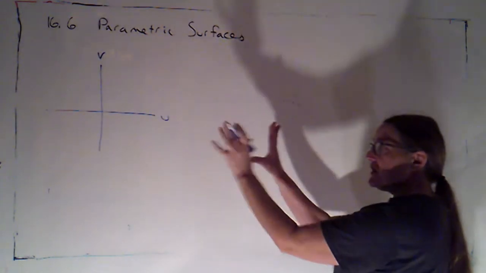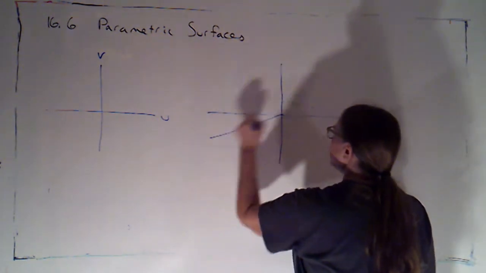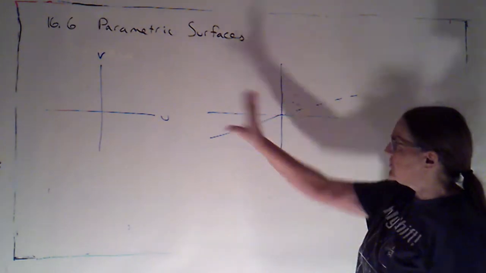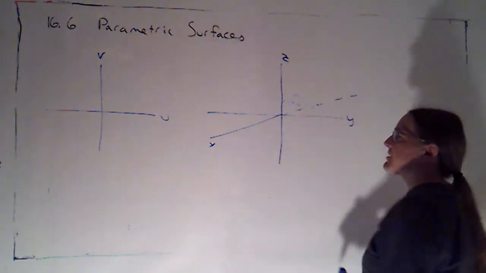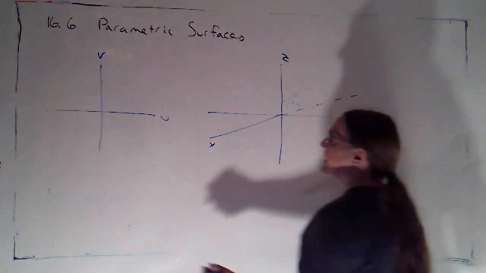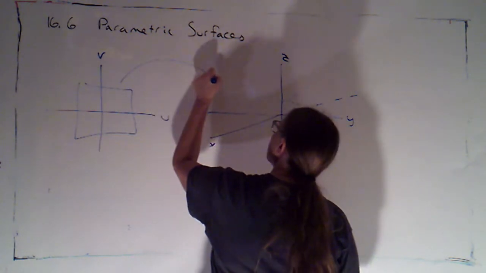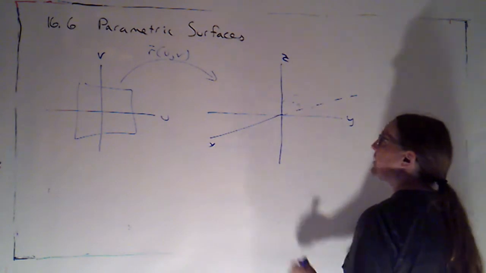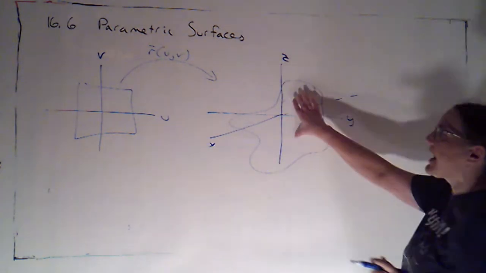We'll have the UV plane. U and V are going to be my parameters. Sometimes I'll use other names if I'm using something that already sort of has a name associated with it, but U and V are sort of my go-to. And then here's three space with its X, Y, and Z system. Okay. So I'm going to be able to map some region here via a function of two variables to some potentially curved surface that I have over here.